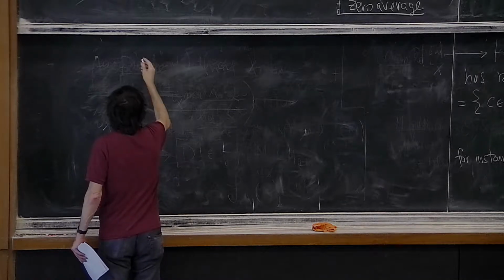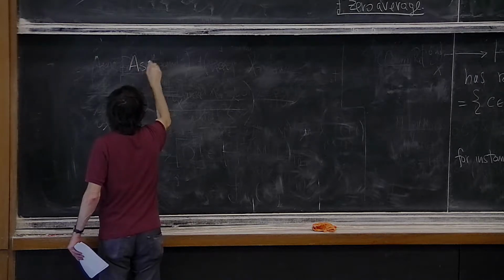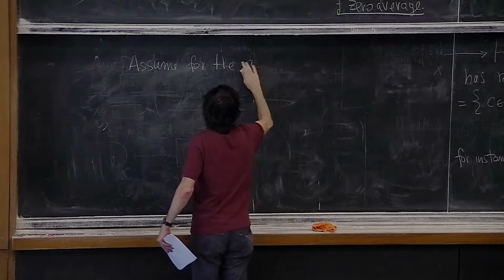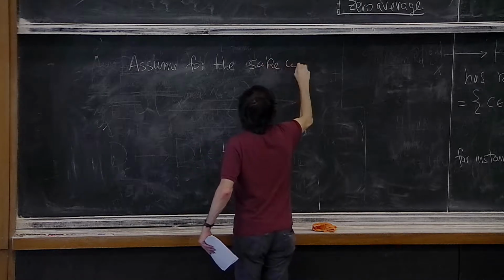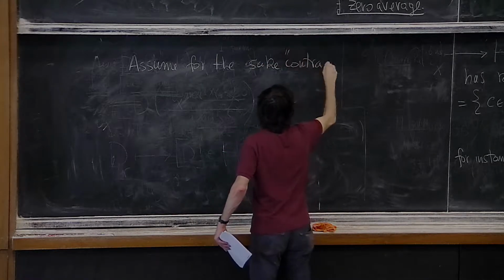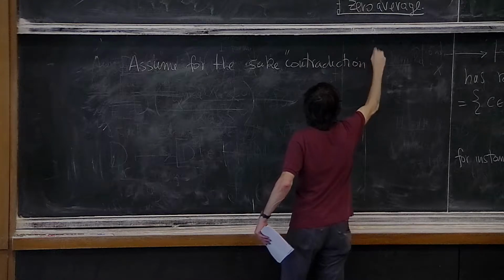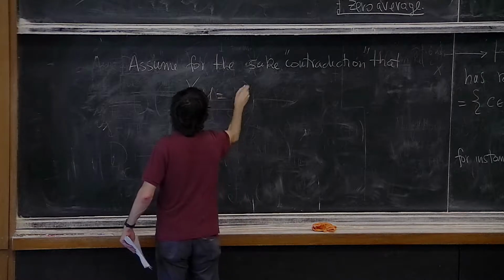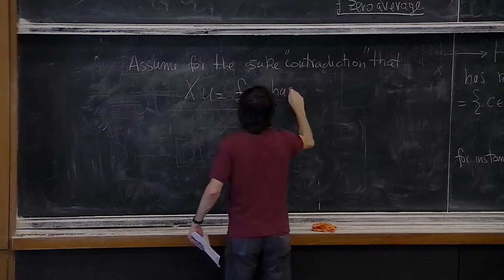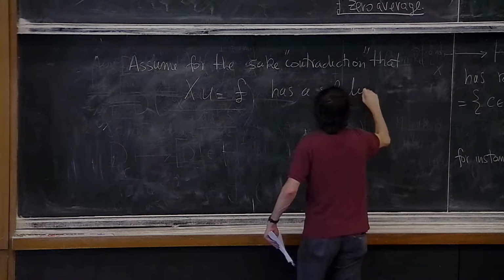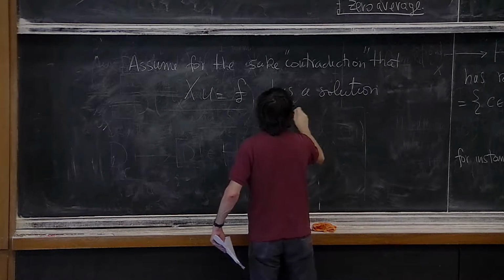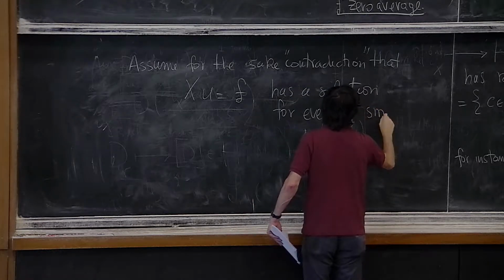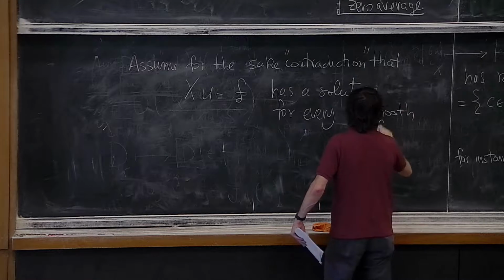So assume, for the sake of a sort of contradiction, that the equation Xu = f has a solution for every f smooth and of zero average.